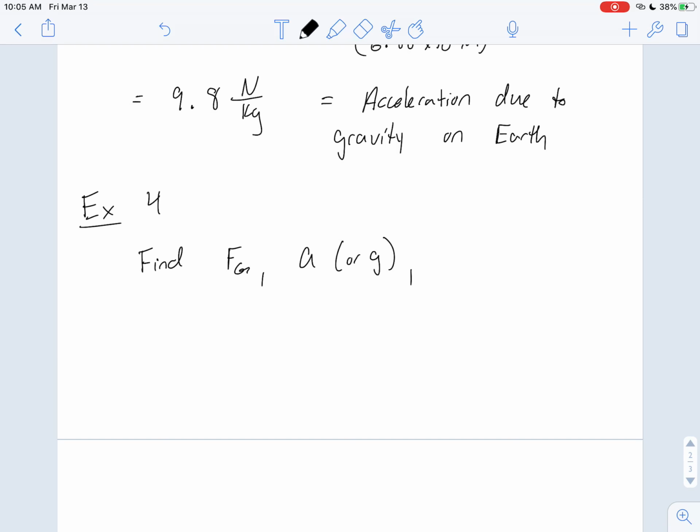We want to find the velocity of Earth orbiting the sun, and we want to find its orbital period in days so that we can hopefully get really close to 365 days for the Earth. And again, for these problems, we are assuming a circular orbit. Let me go ahead and give you some values for this.